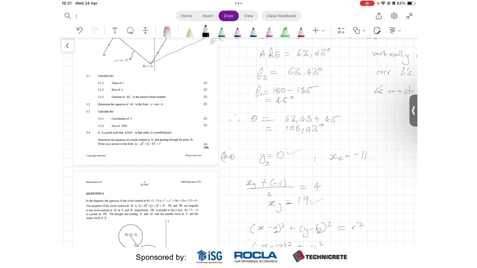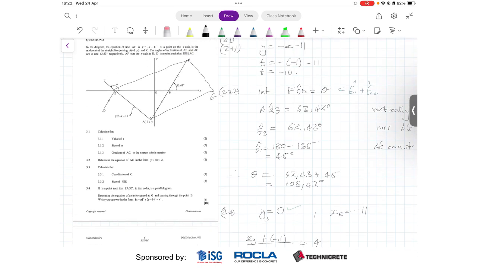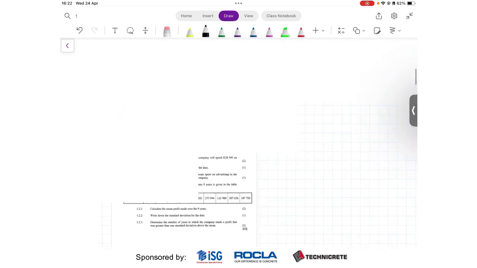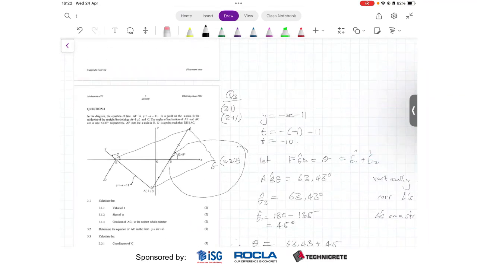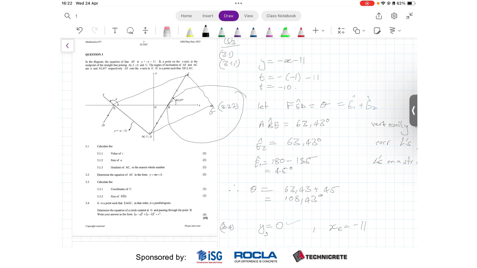Now, what is the radius? We may find it by looking at the fact that our circle is centered at G, passing through point B. So the distance between G and B will be the radius of our circle.